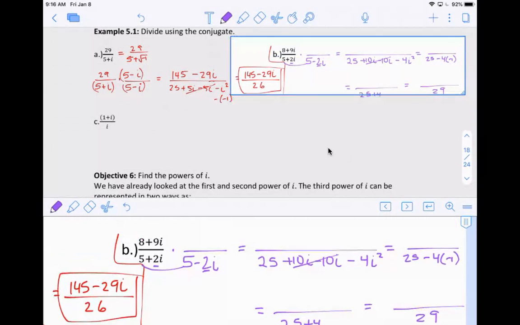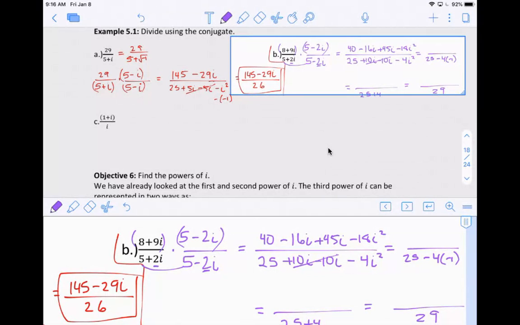Lovely. Here we've got to multiply by the same thing to the top, though, the exact same thing. And now we're just back to a multiplication problem. So we have 40 from the 8 times 5, minus 16i plus 45i and minus 18i squared. Okay, these two in the middle combine, 45 minus 16 would be 29i. Oops, sorry.